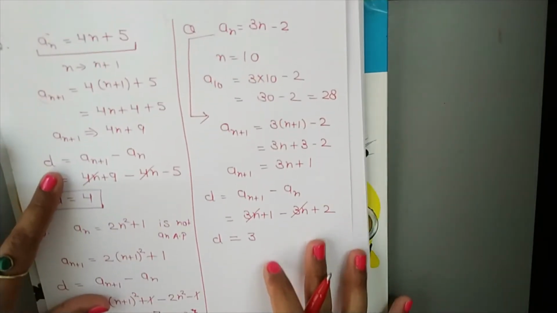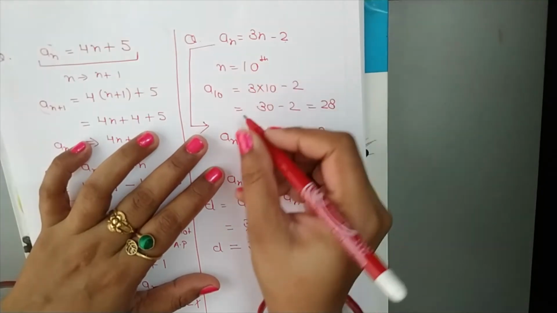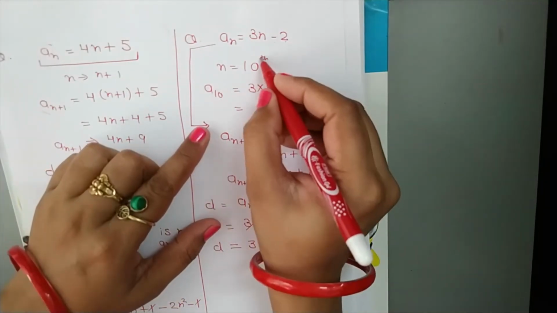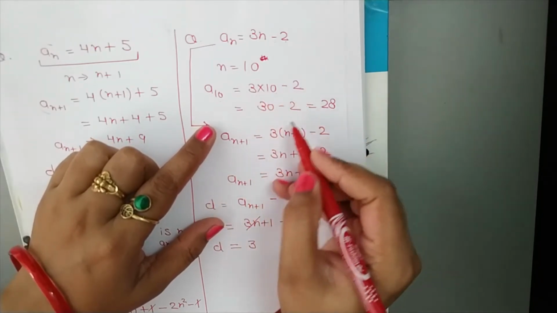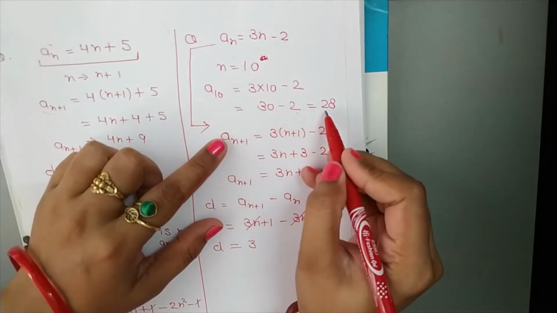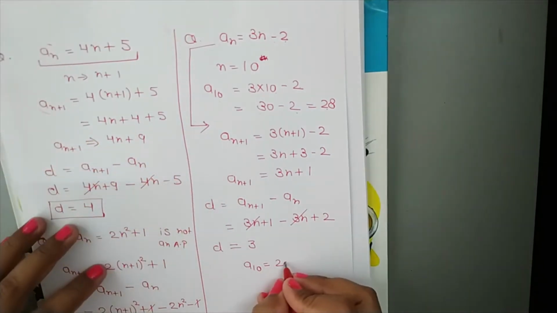Now find the value of the 10th term. We put n equal to 10. So a10 will be 3 into 10 minus 2, that is 30 minus 2, 28. So a10 will be 28.